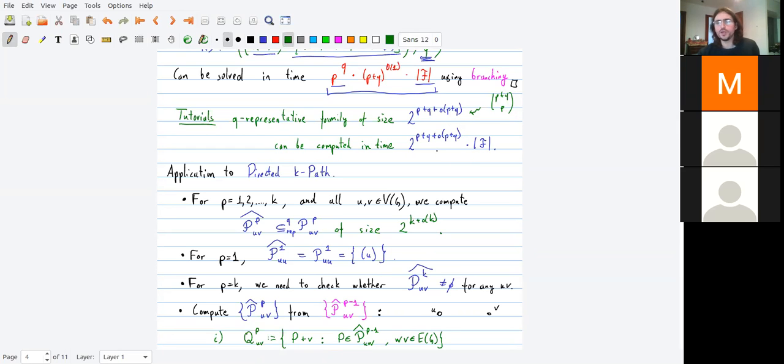The running time will be single exponential in p plus q, times linear in the size of the family. So here we trade the size of the representative family for the running time needed to compute it. Good.